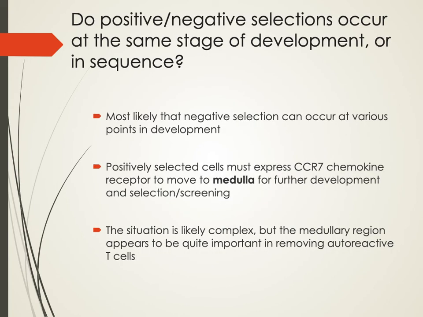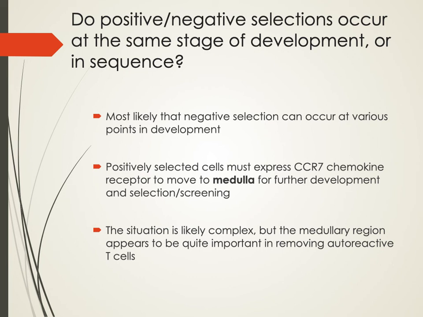So do positive and negative selection occur at the same stage in development or in sequence? It's most likely that negative selection occurs at various points in development, and that positively selected cells have to express CCR7, which is a chemokine receptor, in order to move into the medulla for further development, selection and screening.